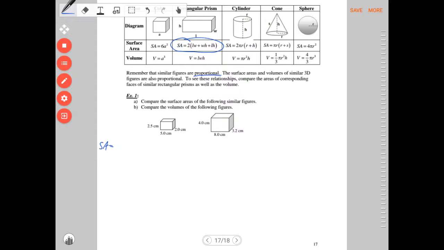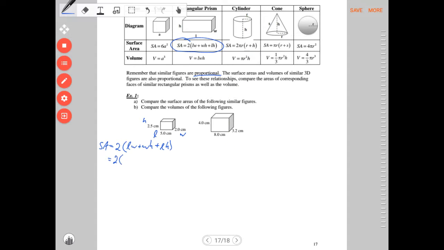I guess we should probably label who's who. I'm going to make this one L, this one the width, and we'll make the 2.5 the height. It really doesn't matter which you label what, because you can flip the box around, but it is helpful to put those on. So 2, and then length times width plus width times height plus length times height.